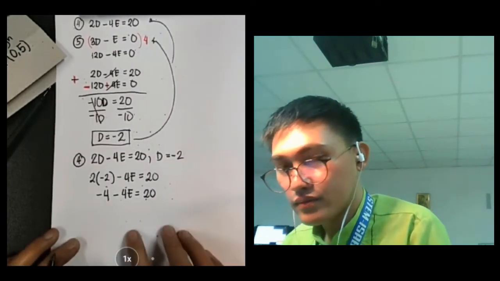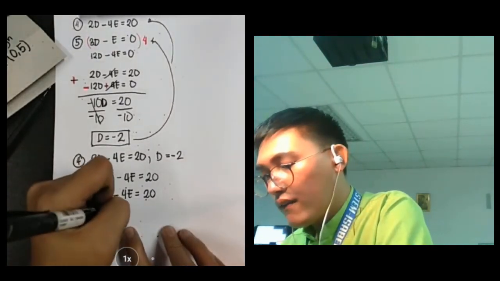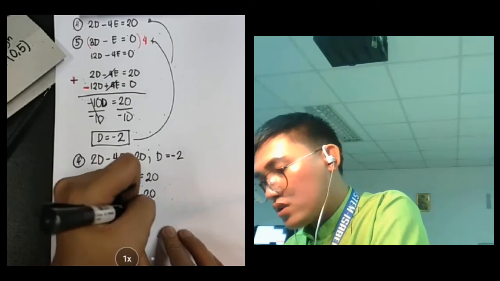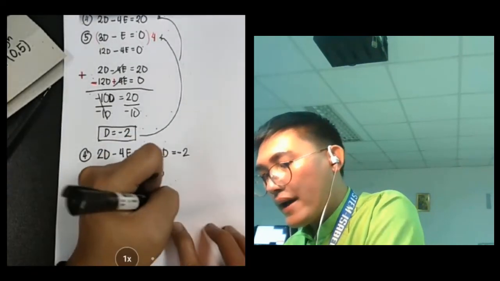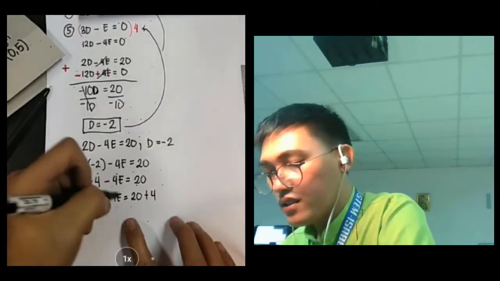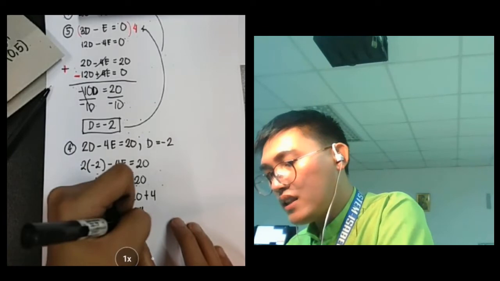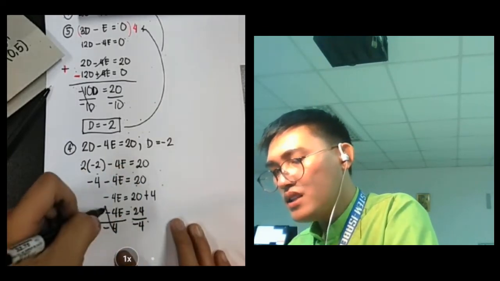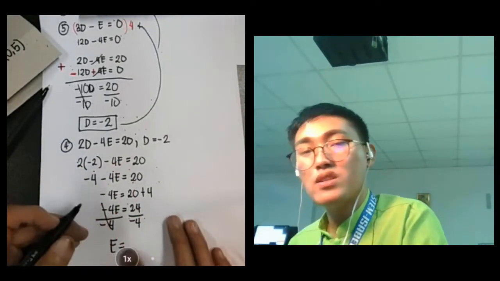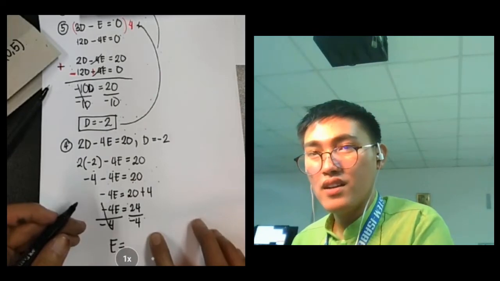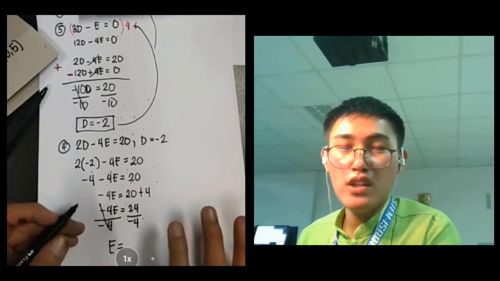Negative 4e is equal to 24. Divide both sides by negative 4. Cancel. E now is equal to, what do you think? 4, 8, 12, 16, 20, 24, negative 6. Okay, so we have now two values, letter D, negative 2, and letter E, negative 6.